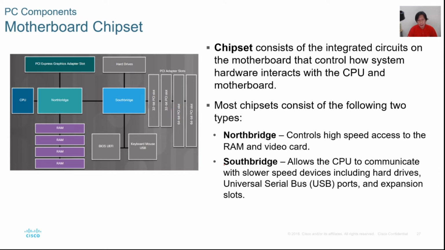Our motherboard is divided into two main chipsets, the first being the North Bridge. The North Bridge controls the high-speed access of your physical memory RAM and your video card. That's what we call the North Bridge.